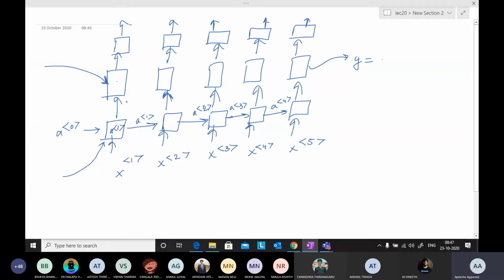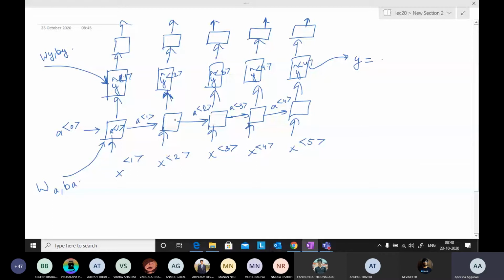This was WA, BA, and this was WY comma BY. So it will calculate Y predicted 1, it will calculate Y predicted 2, it will calculate Y predicted 3.